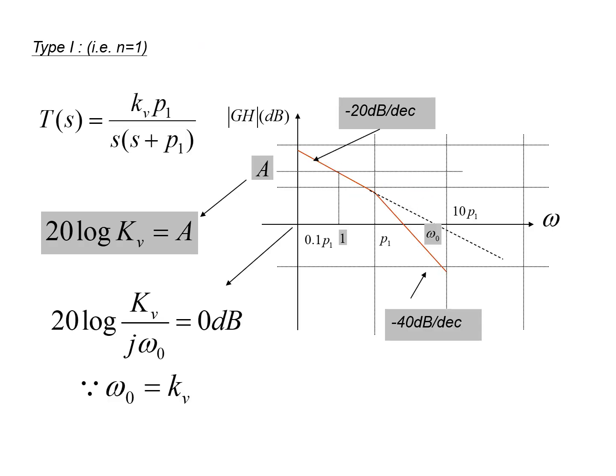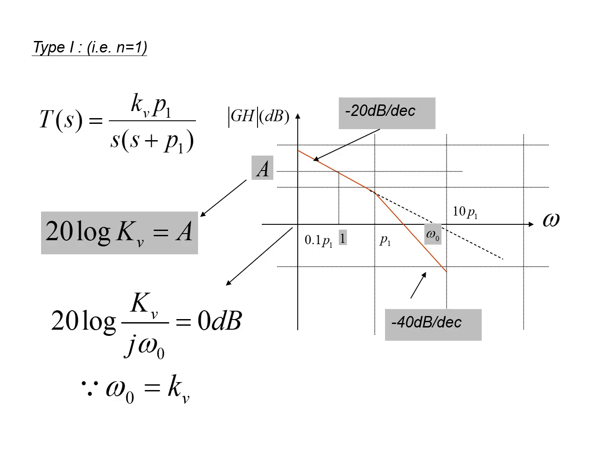Okay, type 1 system, it means n equal to 1. This is the system, Ts equal to kp times p per S in the bracket S plus 1, and for 20 log kv, it is again equal to a. And 20 log kv per j omega is 0 dB.